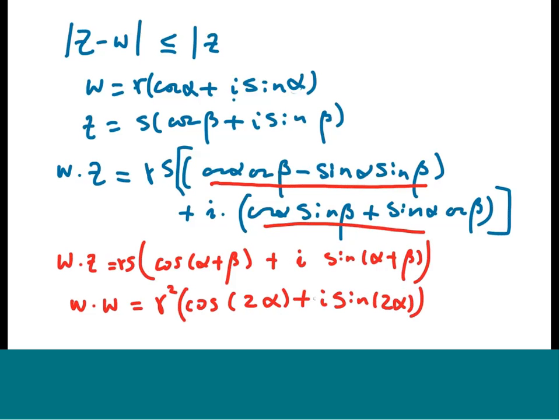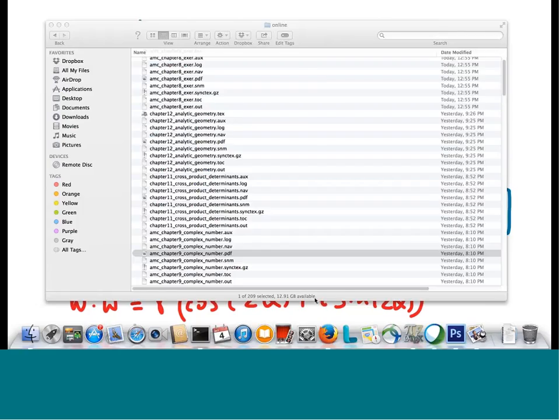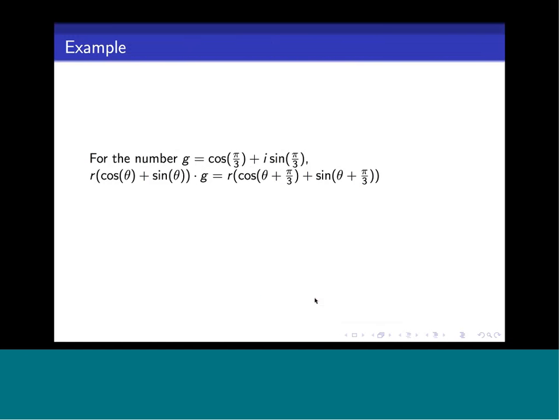Now, example 9-2. For the number cosine pi over 3 plus I sine pi over 3, this slide here is exactly as in the book.